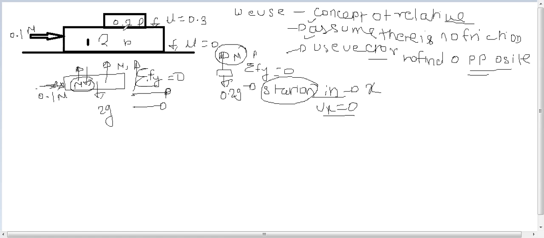What is the relative motion of this 2 kg block with respect to the pen? The velocity of block with respect to pen should be equal to the velocity of block minus the velocity of pen, which is 0. So this should be equal to 2.